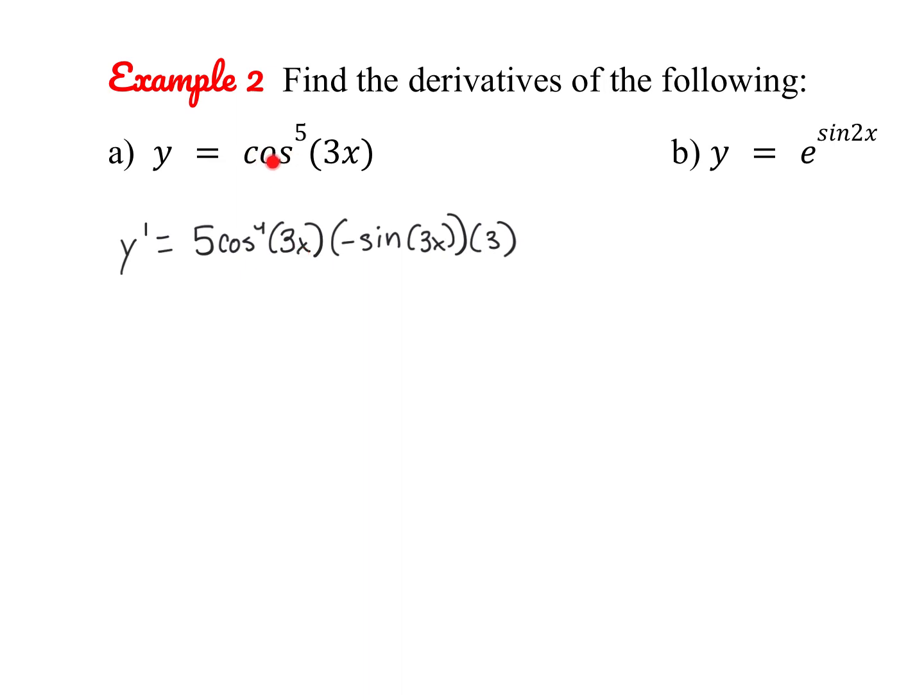Then we took the derivative of cosine, which is negative sine, but we left the 3x. And then we took the derivative of 3x, which is just 3. So overall, our derivative would be negative 15, because we have the negative, and then the 3 times the 5, and then cosine to the power of 4 of 3x, and then sine of 3x.